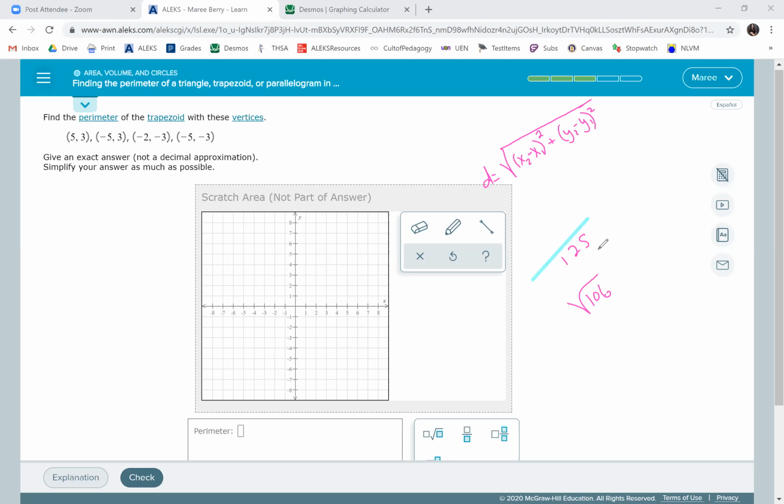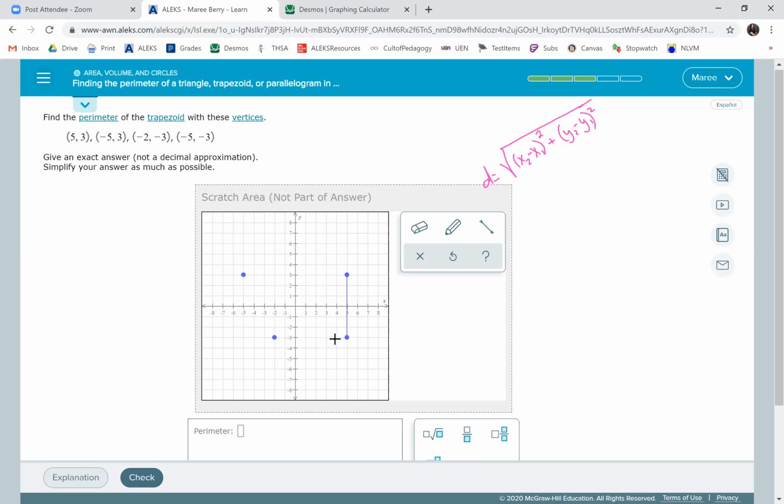Okay, so good thing we're graphing these to help us. Okay, so whoops, get off that eraser. Oh, get off drawing period. Okay, so 5, 3, -5, 3. Well, that's 10 units apart. -2, -3, -5, -3. Okay, so this is a trapezoid.